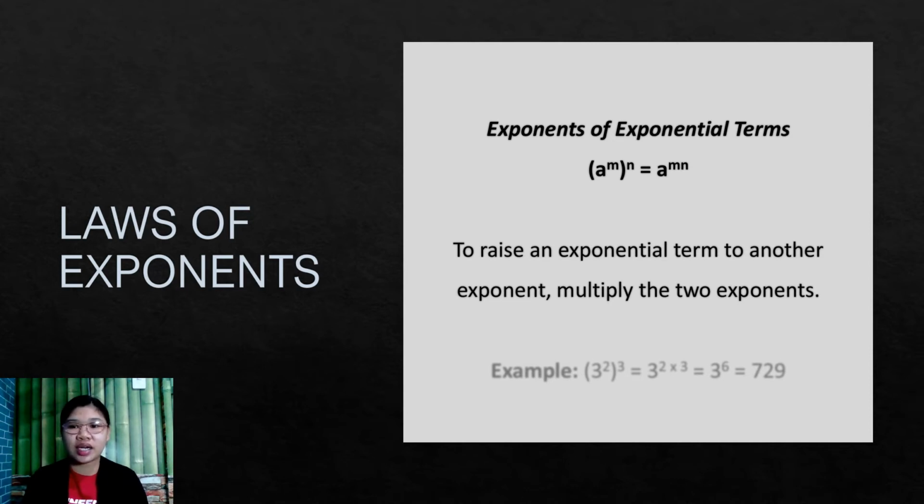The formula is you need to multiply the exponents, meaning that is equal to a raised to m times n. Another example is when the term 3 squared is raised to another exponent, cube. We have 3 raised to 2 times 3, which is 3 raised to 6, which is 3 times 3, 9 times 3, 27 times 3, 81 times 3, 243 times 3, that is 729.